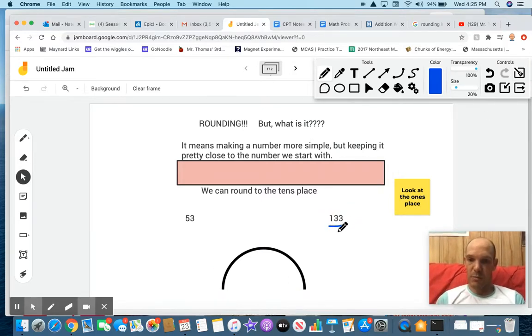The 10 that comes before 133 is 130, which I will write over here. And the 10 that comes above it, if you're counting by tens, 120, 130, 140. 140 would go over here. So I would write 140. In the middle, between 130 and 140, would be 135.